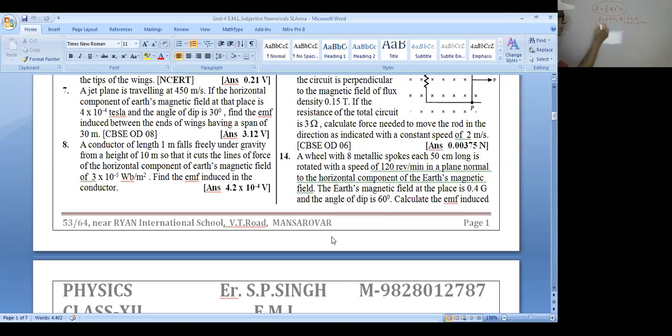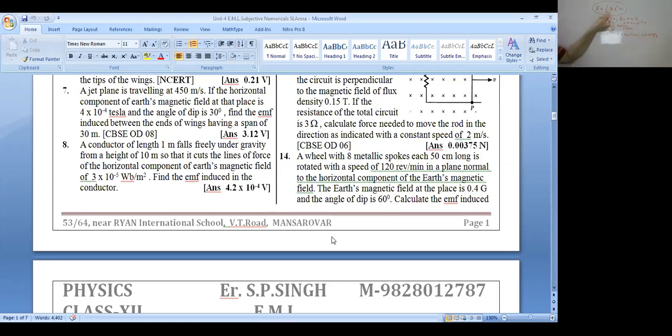The frequency is given as 120 revolutions per minute. Convert into per second by dividing by 60, giving 2, and omega is 2 pi times frequency, so 2 multiplied by pi times 2, which is 4 pi radian per second.